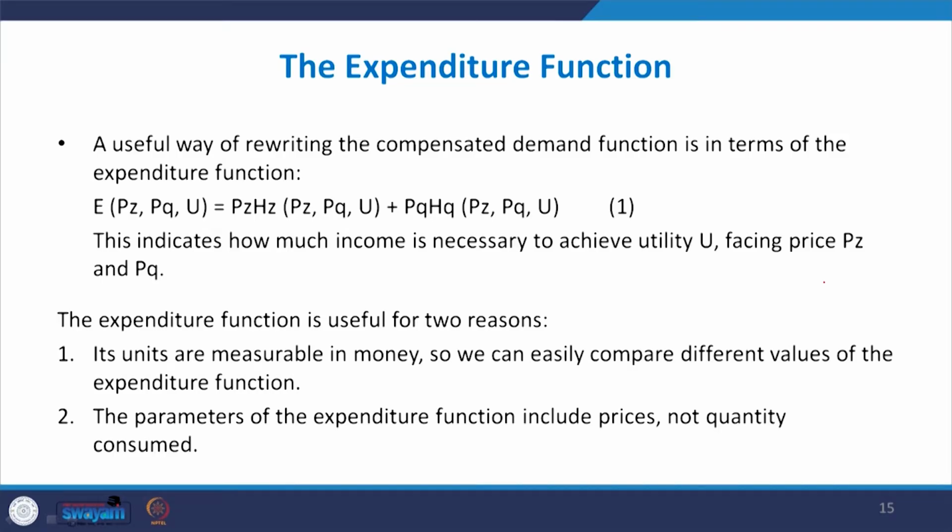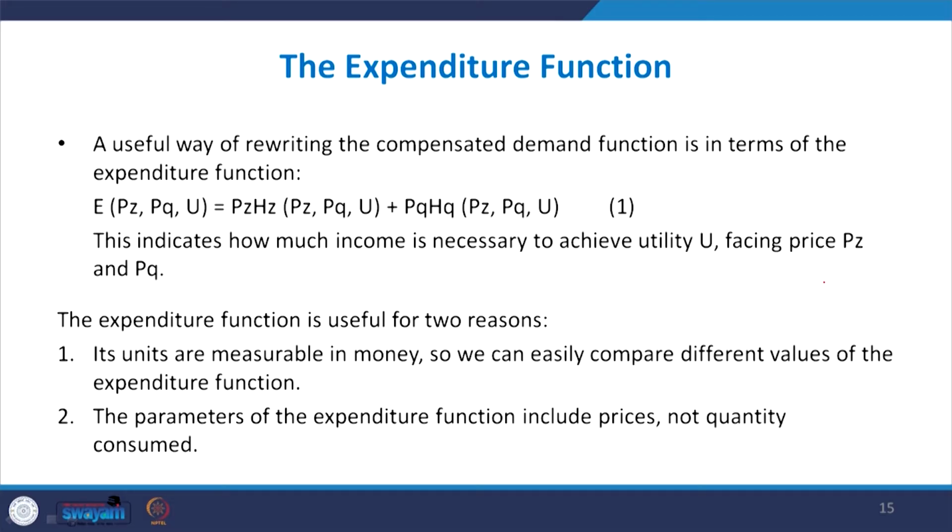A useful way of rewriting the compensated demand function is in terms of the expenditure function, and in the expenditure function let me take the same products Z and Q and utility. So, the expenditure function with respect to the prices of products Z, Q and a given utility is equal to PZ times SZ, the amount of money spent on the Z product, plus PQ times HQ, the amount of money spent on the Q product.